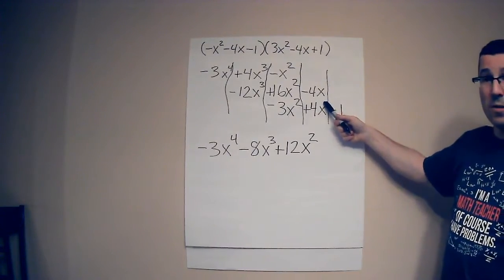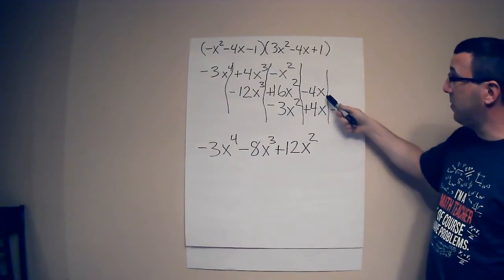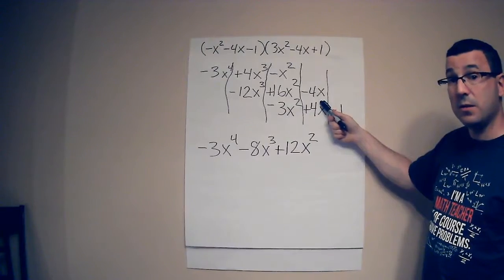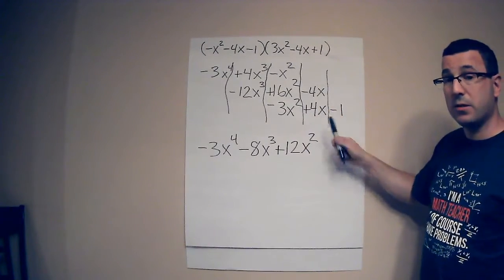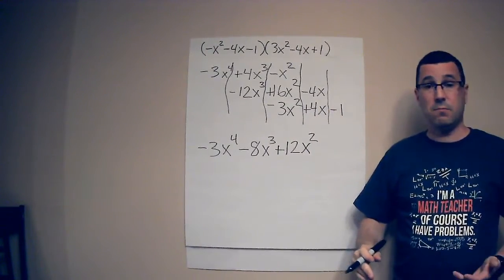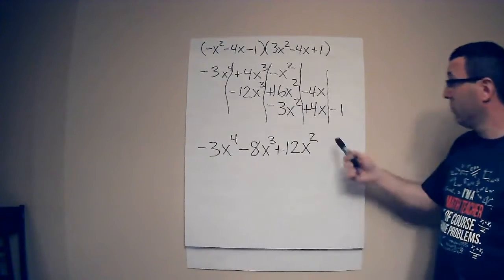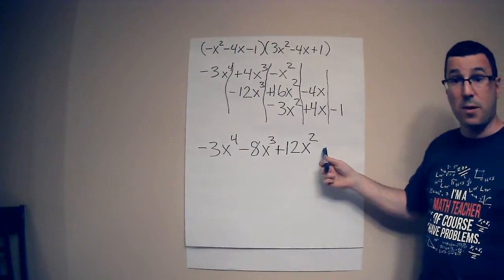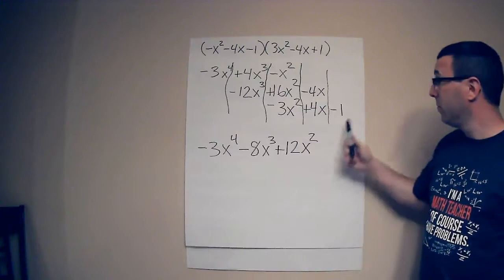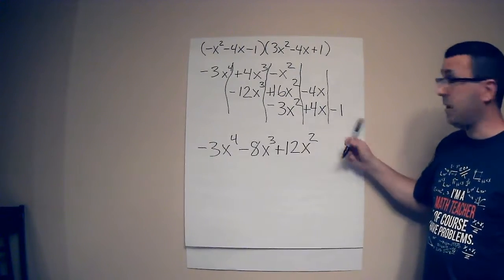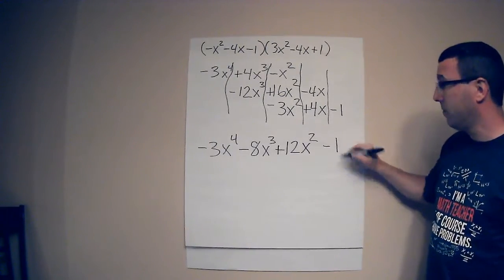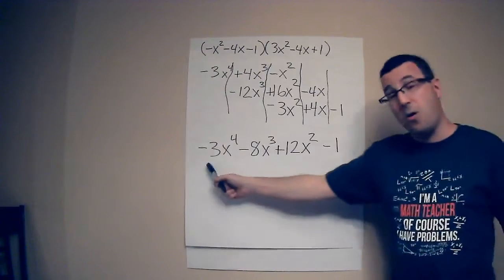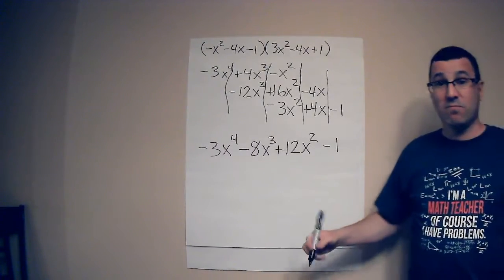I go to my fourth column, and if we look, I have a negative 4x and a positive 4x. They're opposites, so they're going to cancel out. I'm not going to have an x term here. The last thing I'm writing is this minus 1. And this long thing here, that's my answer.